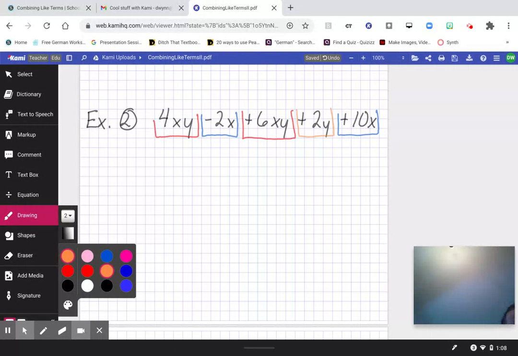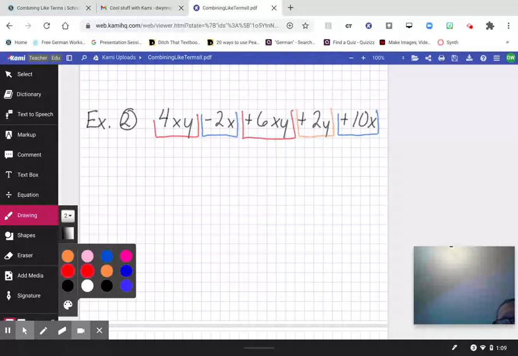All right, so now we can start working through the problem, and I'm going to color coordinate. So 4xy plus 6xy, and the reason I put the brackets and included the math symbols, the minus and the plus, is because we know that 6xy is positive because of the plus in front of it.